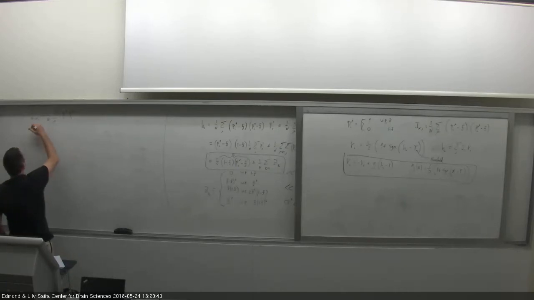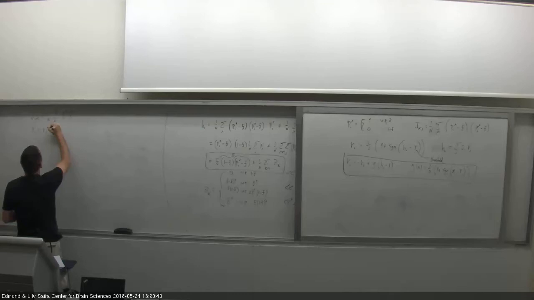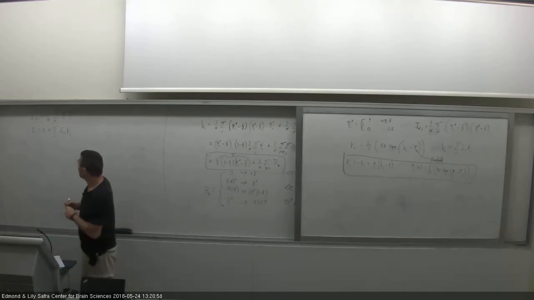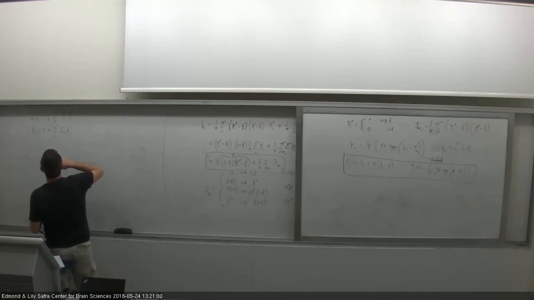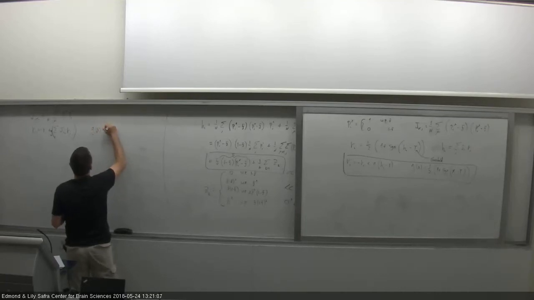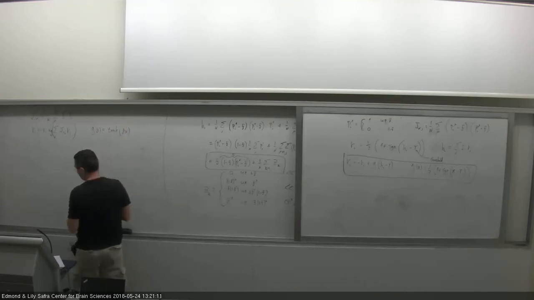And Ri dot is equal to minus Ri plus G of the sum over j of Jij Rj, where G of x is hyperbolic tangent of beta x.